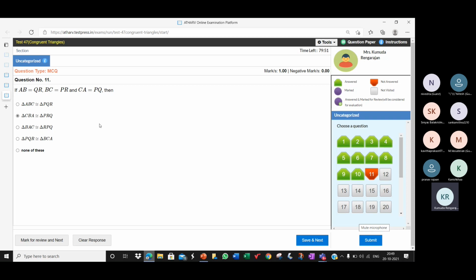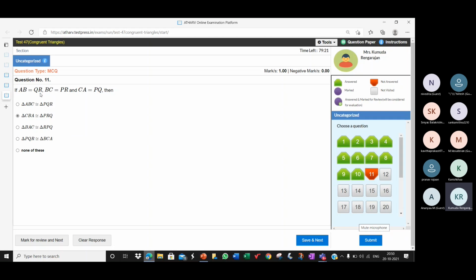Or you can also just check: AB is equal to QR, right? But here we are getting AB is equal to PQ, so this is wrong. Then in this one, AB is equal to QR, but here we have AB is equal to RP, so this also is incorrect.